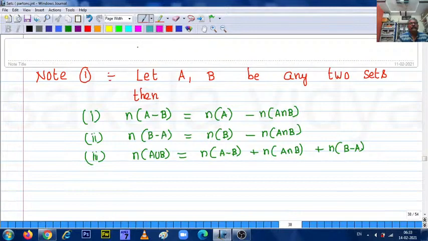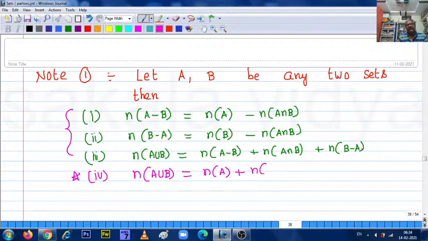That formula is fourth formula. So from these three we can establish this important result. You remember n of A union B is equal to n of A plus n of B minus n of A intersection B. Or we can write like this, n of A intersection B equals, bring minus n of A intersection B this side, n of A union B this side.